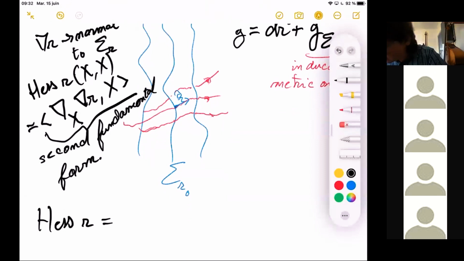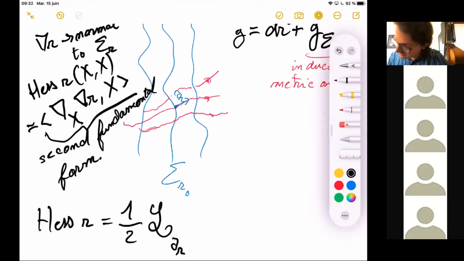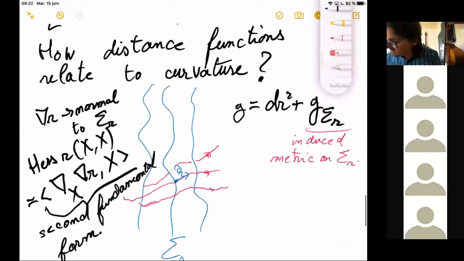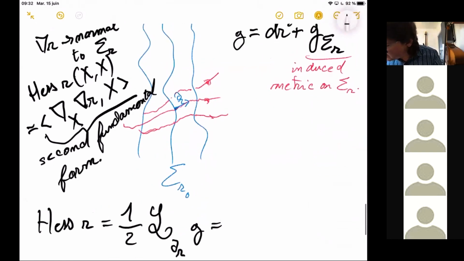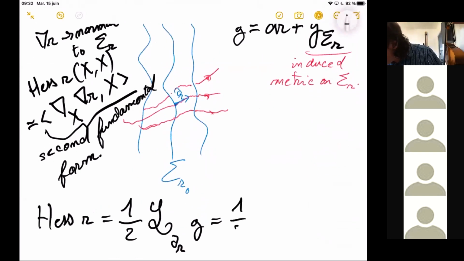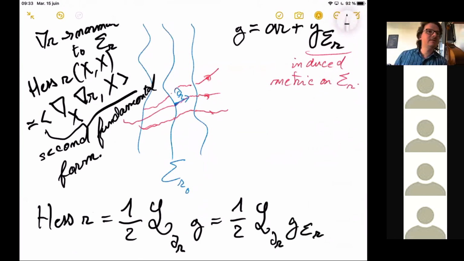We will only use it for the distance function, but this is half the Lie derivative of g in the radial direction, and since in those Fermi coordinates the metric is written in that very simple form, this is half the Lie derivative of the induced metric on this sigma hypersurface.